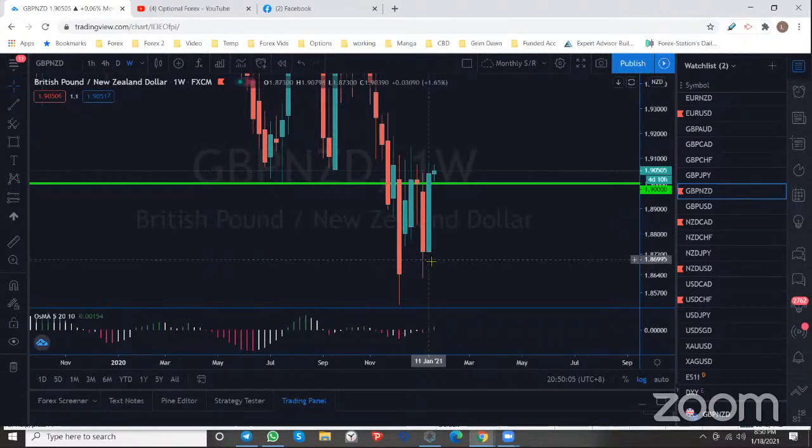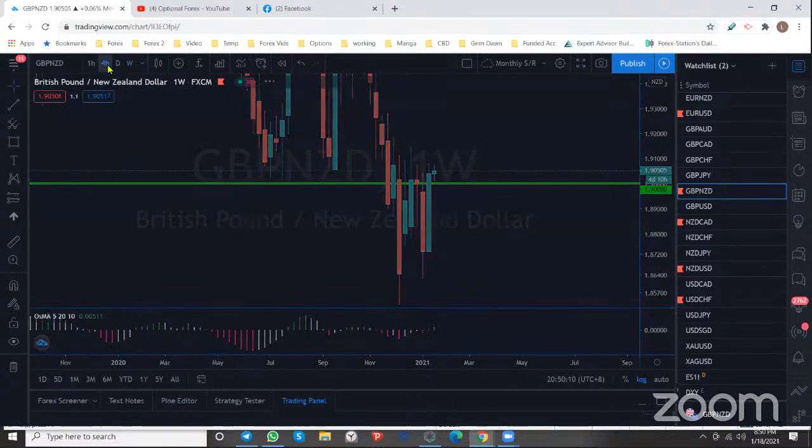On a weekly chart, bullish engulfing bar, very nice. On the 4-hour, price decides to jam again. Oh my god.